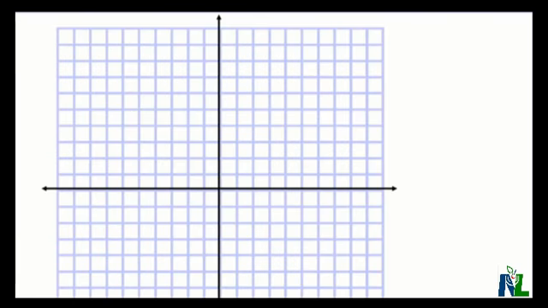So here's a graph. Now I'm going to be careful with the scale on this one. Actually, no, I'll make that a little bit different there. Let's go 1, 2, 3, negative 1, negative 2, negative 3.